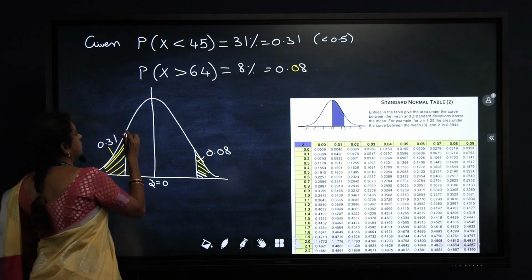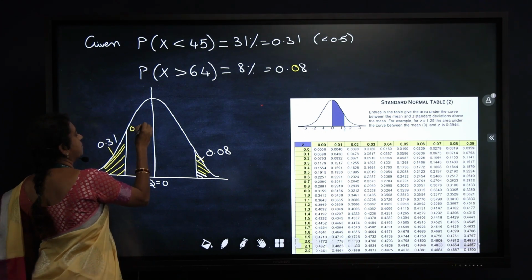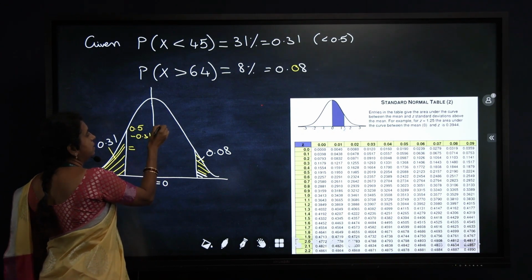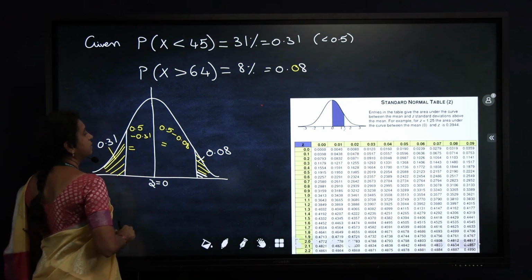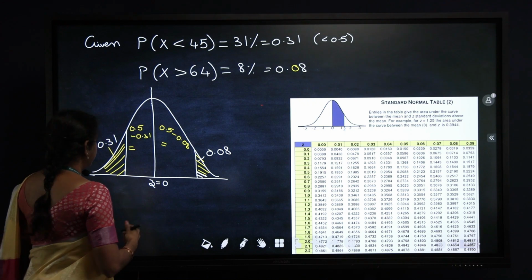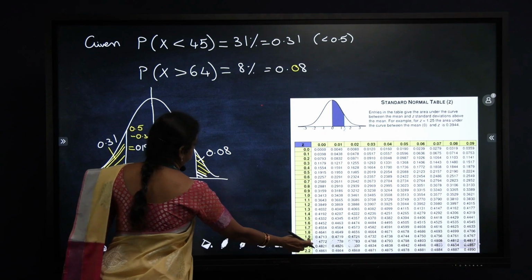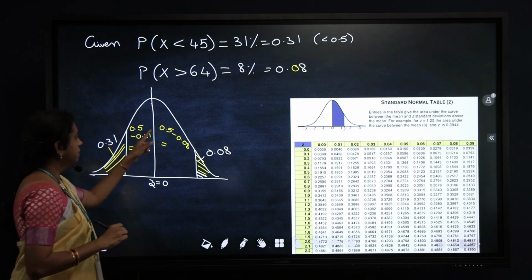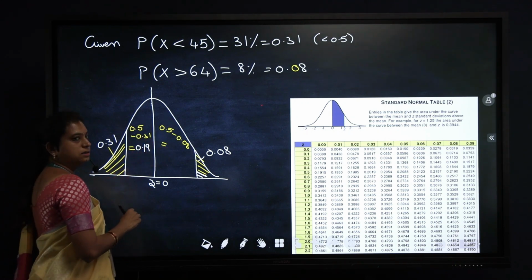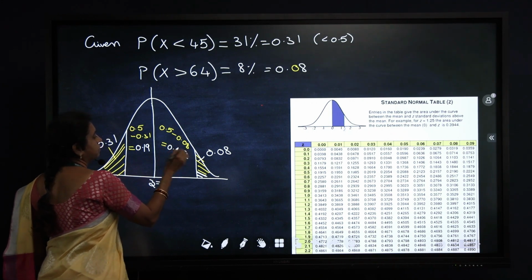Here it will be 0.5 minus 0.31, and here 0.5 minus 0.08. 0.5 minus 0.31 is 0.19, and 0.5 minus 0.08 is 0.42, right?